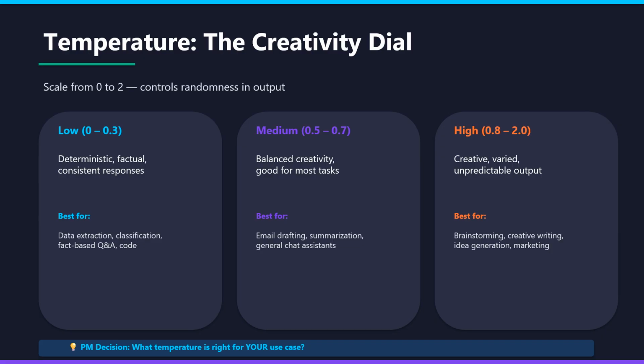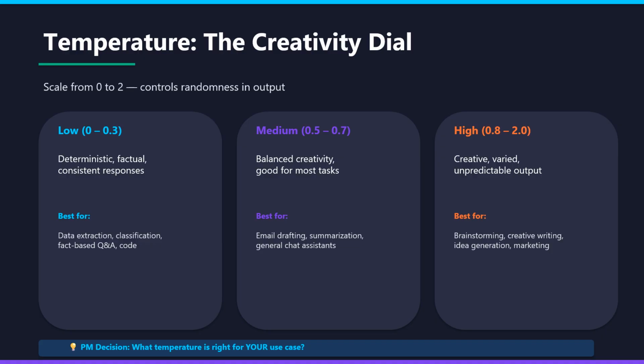Low temperature, 0 to 0.3: deterministic, factual, consistent responses, best for data extraction, classification, fact-based Q&A, and code generation. Same input gives you the same output. Okay, and medium temperature, 0.5 to 0.7: balanced creativity, good for most tasks, best for email drafting, summarization, and general chat assistance.